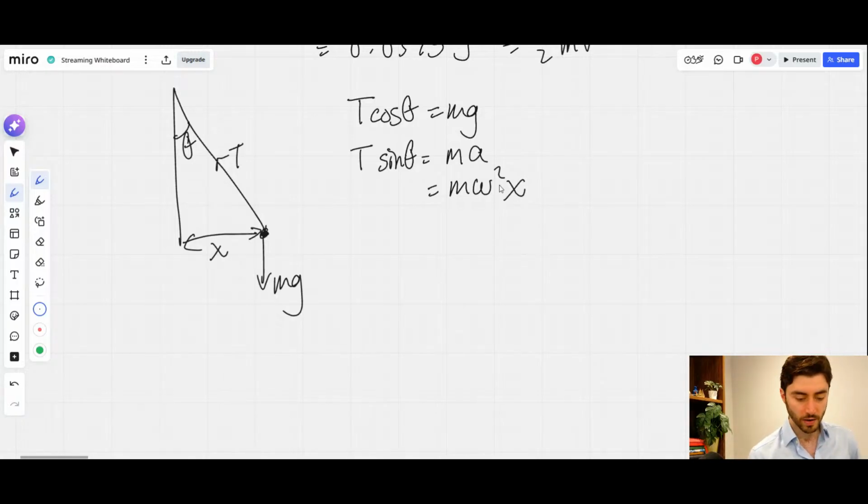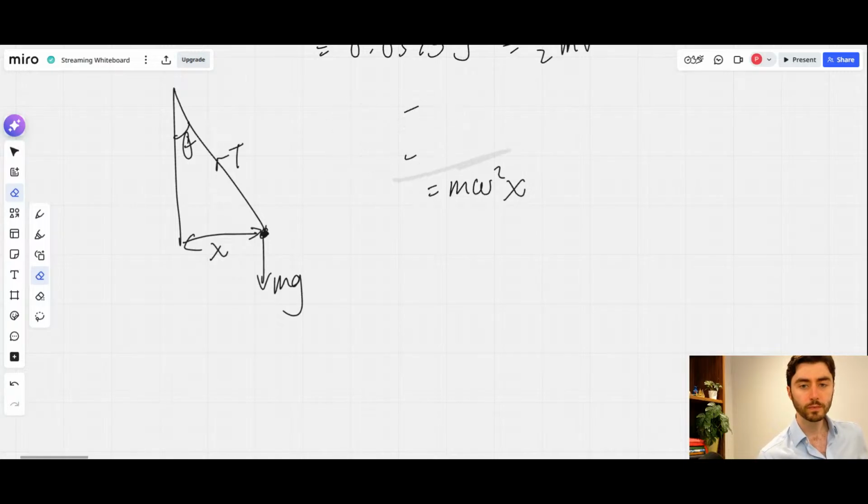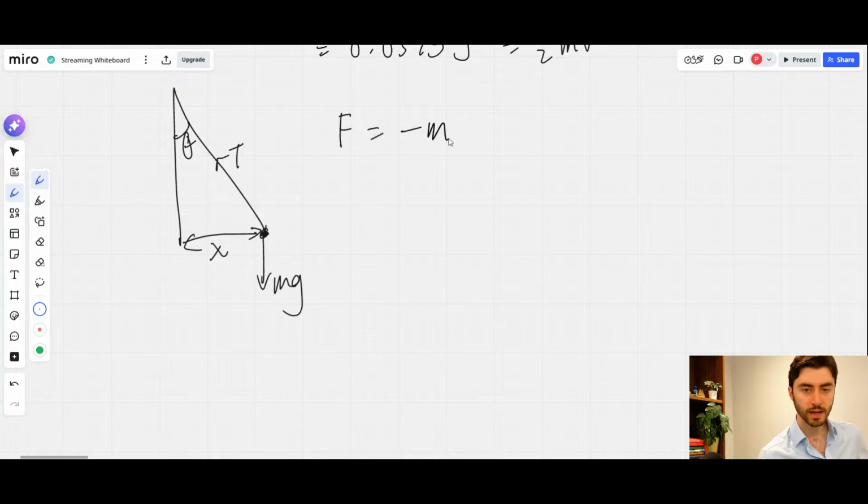So what we know, or rather, let's think about this differently. So we would know that the restoring force acting towards equilibrium position is equal to minus m. No, hold on a minute.